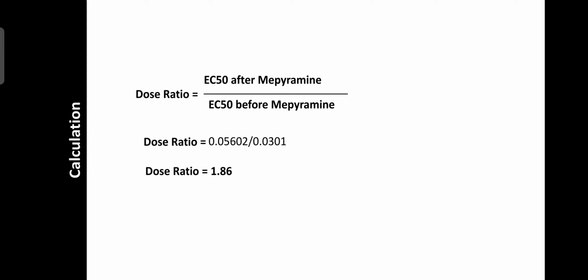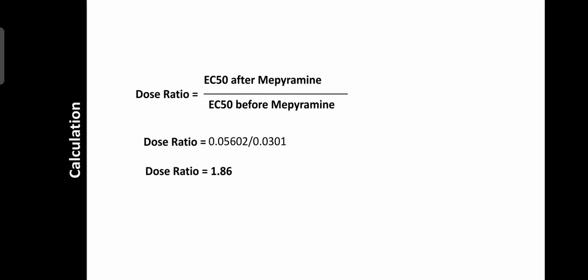The dose ratio is the EC50 after mepyramine divided by the EC50 before mepyramine. From the graph we can get the EC50 of histamine before and after mepyramine. That is 0.05602 divided by 0.0301.